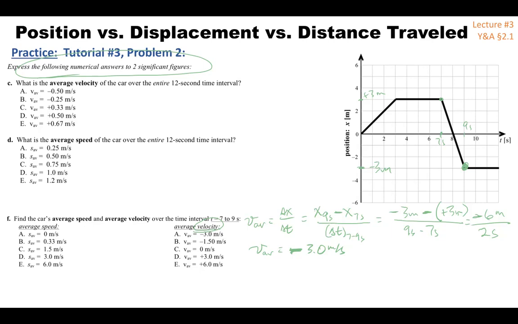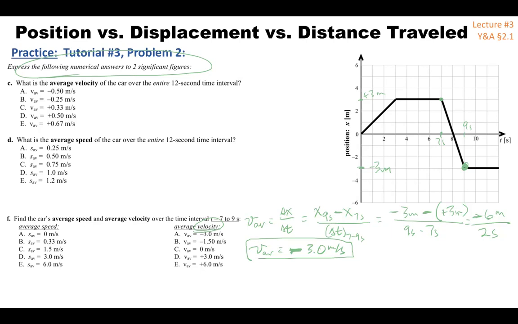Fine. That's because you're reading a graph. So I spelled it out. When you're going to have problems where I give you the positions or the times, then you should just look at the number of significant digits on those values, and then use our rules for addition, subtraction, multiplication, and division that we learned already.